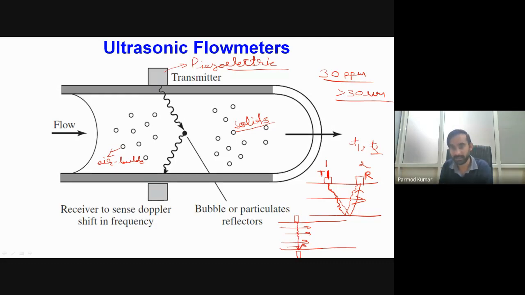Then we consider another transmitter adjacent to this, with a receiver over here, so that we also have a signal moving against the flow. Once again, the idea is that one time we pass the signal in the direction of the flow, and the second time we acquire the signal in the direction opposite to that of the flow.